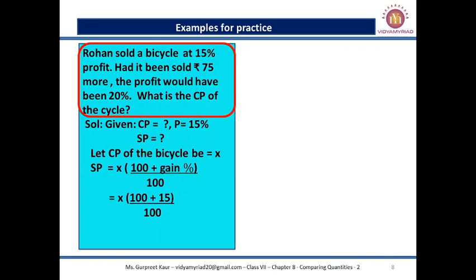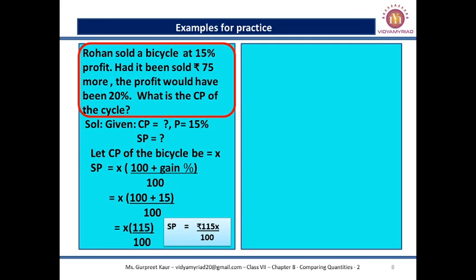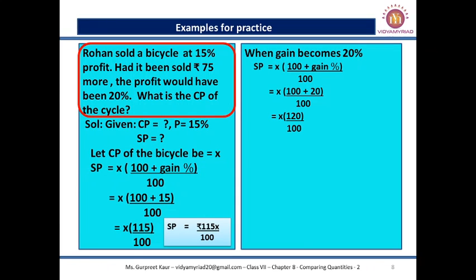We know gain percent, that is 15. So that comes to 115x upon 100 in case of gain 15%. Now, they are saying that there would have been a higher selling price when gain becomes 20%. In that case, what will be my selling price now? Let me put it into the same formula. Gain is 20. The selling price is equal to 120x upon 100.